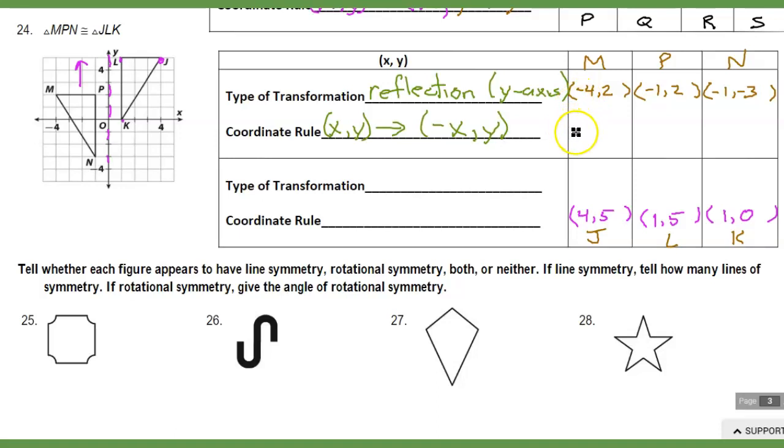So we'll have 4, comma 2, and we'll have 1, comma 2, and then positive 1, comma negative 3. And then we'll need to translate up. And you can see here that all my x's are going to stay the same in my translation.